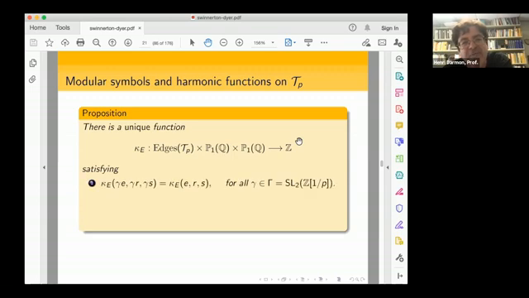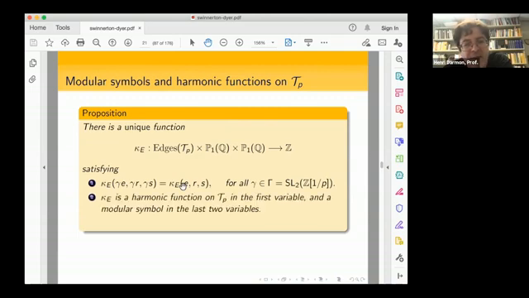The first is that this function should be invariant under the action of the Ihara group. So if I translate an edge and a pair of endpoints simultaneously by an element in this group, I should get the same value. So it's a gamma invariance condition.